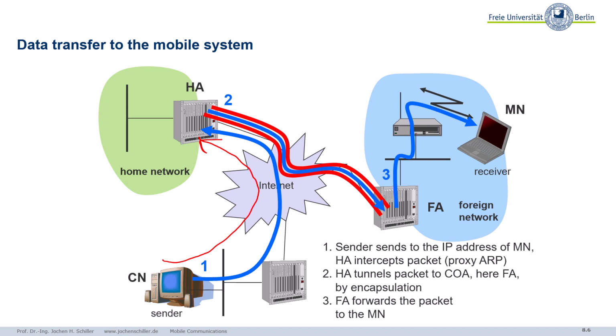The home agent, that's your parents in the example with the letters, now intercepts the packets, using proxy ARP, and they will also answer the ARP requests. Instead of your device, the home agent will answer. They will intercept the packets, and what they then do is encapsulate all the packets.